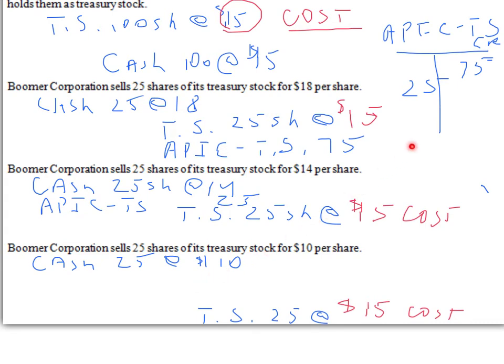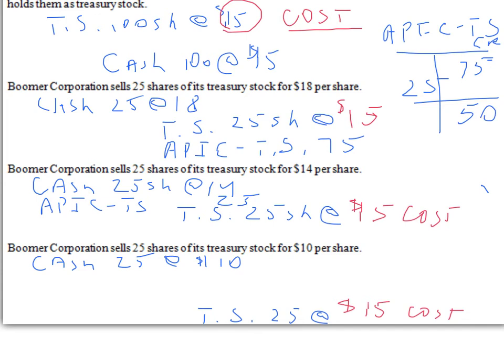If you take a look, what do you have right now in your additional paid-in capital? 75 on the credit side minus 75 on the debit side. You only have $50. Again, you only have $50 on the credit side right now in that account.